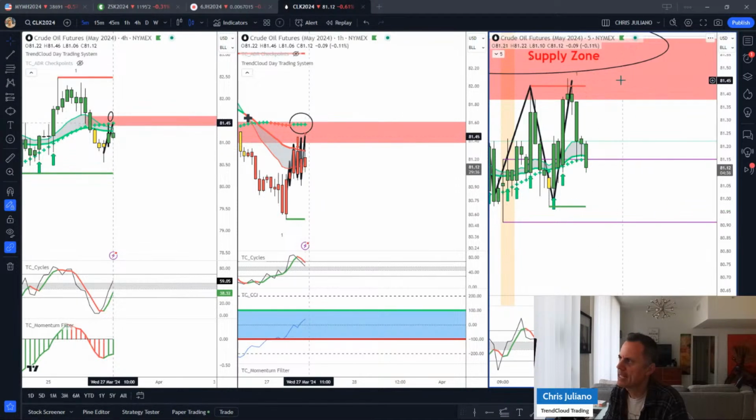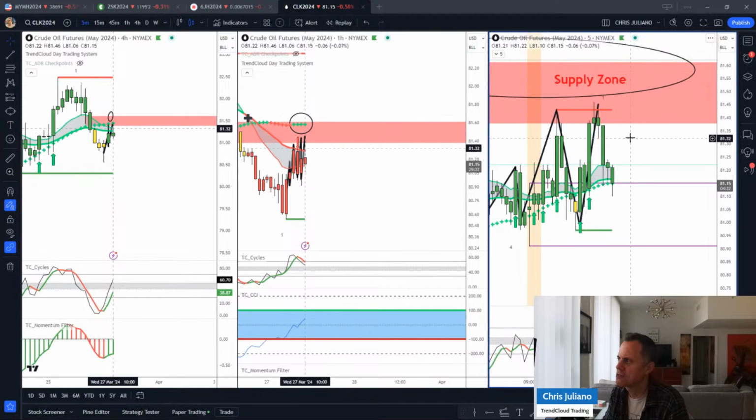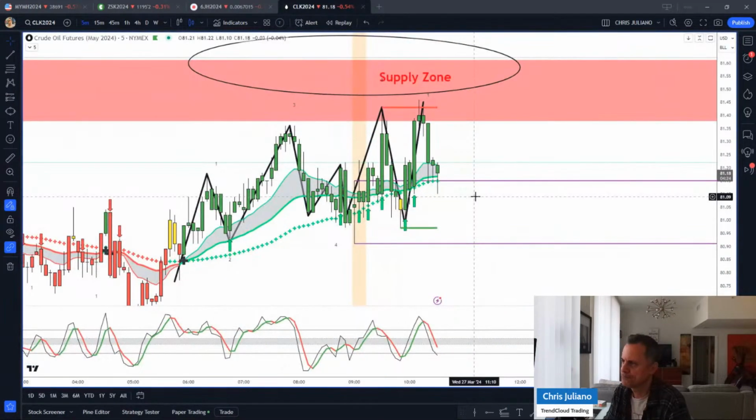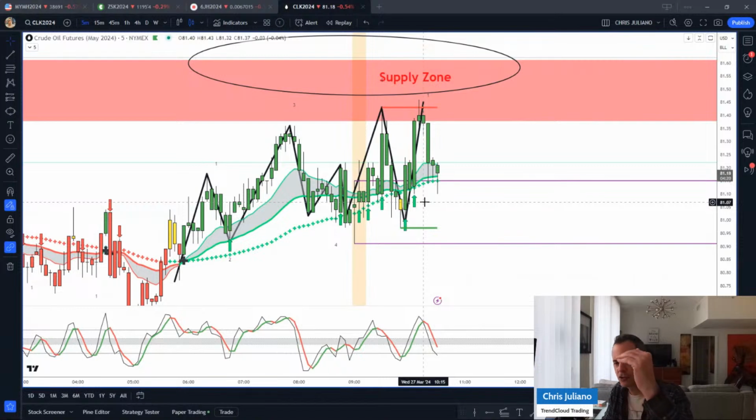It pulled back, gave another move into that zone. What can we start looking for on this 5-minute chart here? We can start looking for trend cloud signals to the downside. Very exciting stuff today.